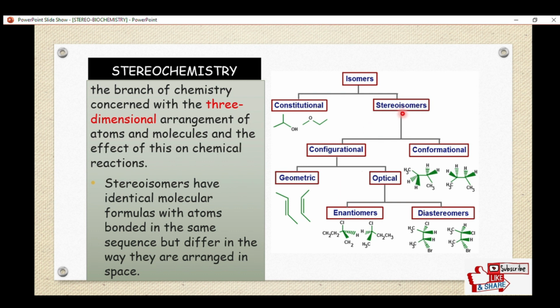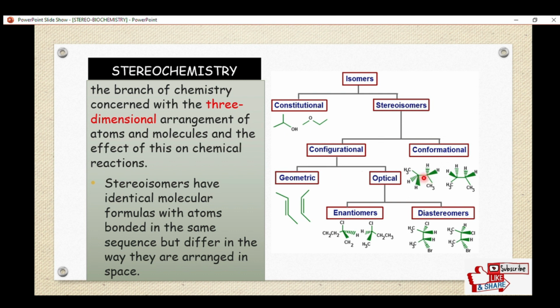So let's talk in detail about these stereoisomers. Under stereoisomers, we have configurational isomers and conformational isomers. Conformational isomers are the interconvertibility between molecules around a single bond.